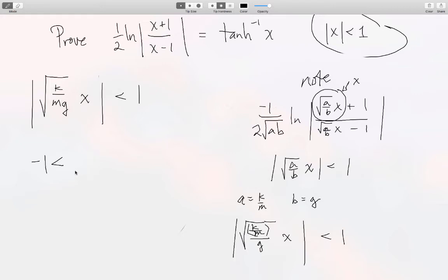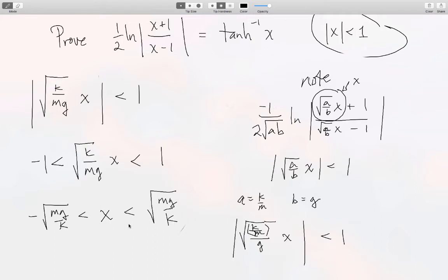And that's met as long as this quantity is between -1 and 1. So let's say square root k over mg x has got to be less than +1. And let's take k positive and m positive and g positive, since we've had those assumptions from the very beginning, and multiplying both sides of each inequality by that, I can say negative square root mg over k less than x less than square root mg over k.